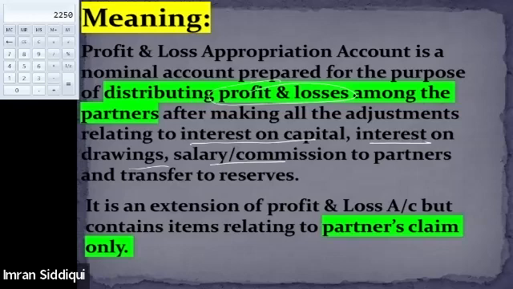The profit and loss account deals with all kinds of income and expenses of the business. The P&L appropriation account is prepared in the context of a partnership, and the P&L account is prepared for other kinds of businesses. I hope this point is clear, everyone. Yes.